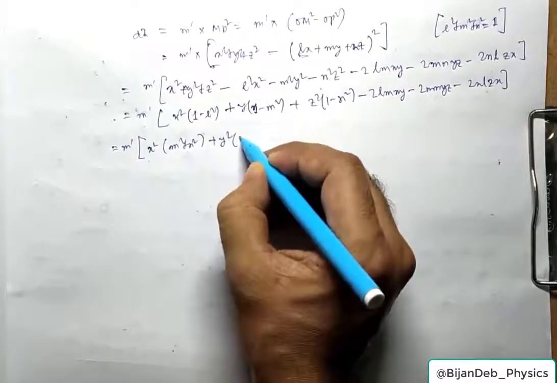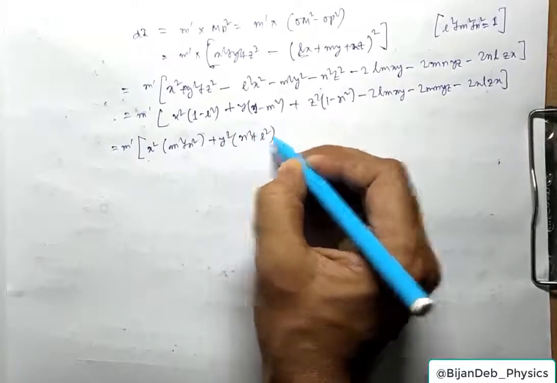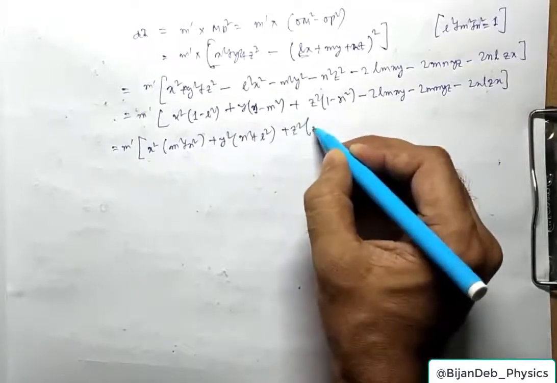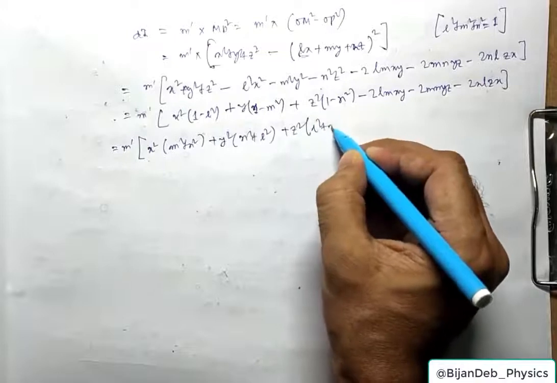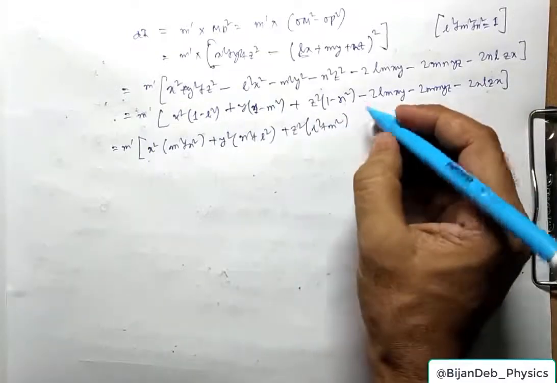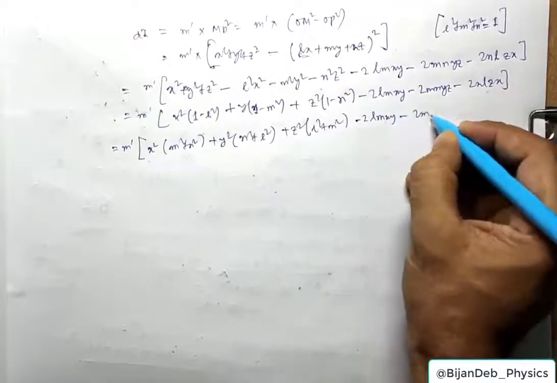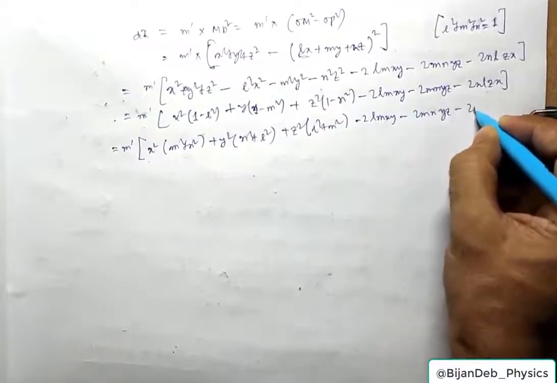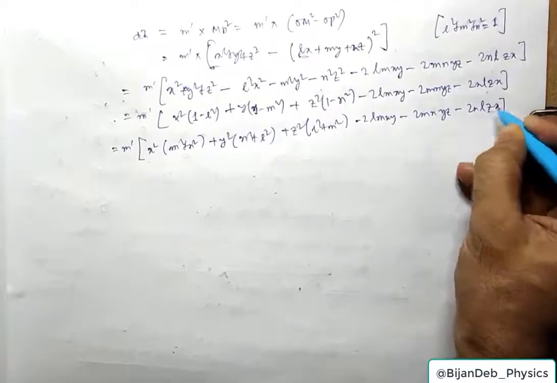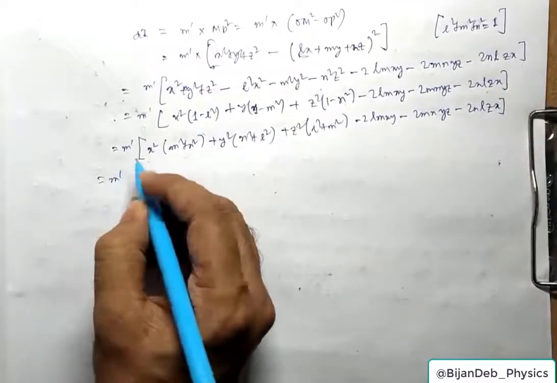Similarly here it will be n square plus l square, and z square (l square plus m square). Okay, minus the rest of the things will be the same. Just simple algebraic calculations.